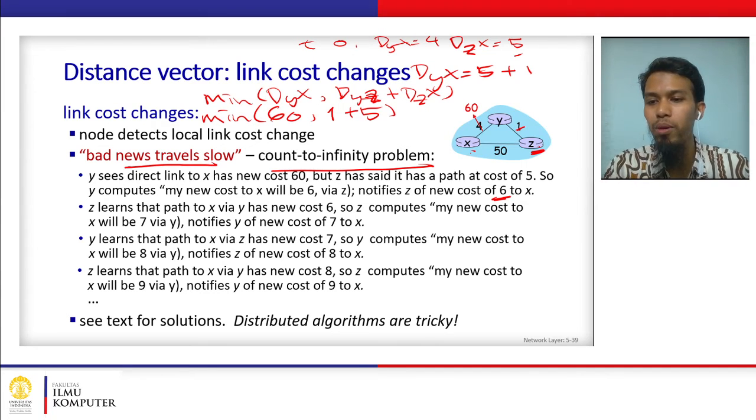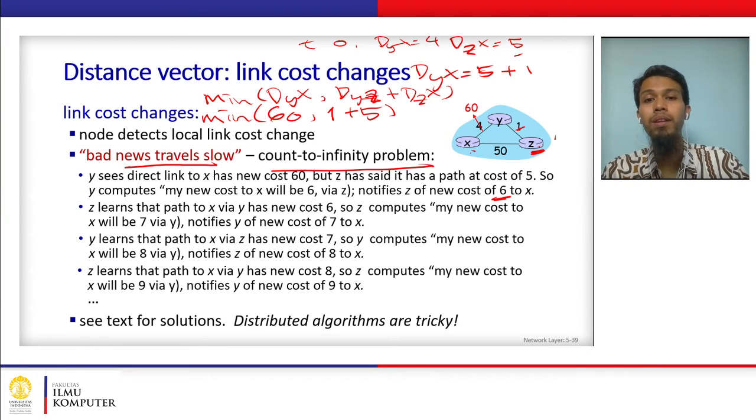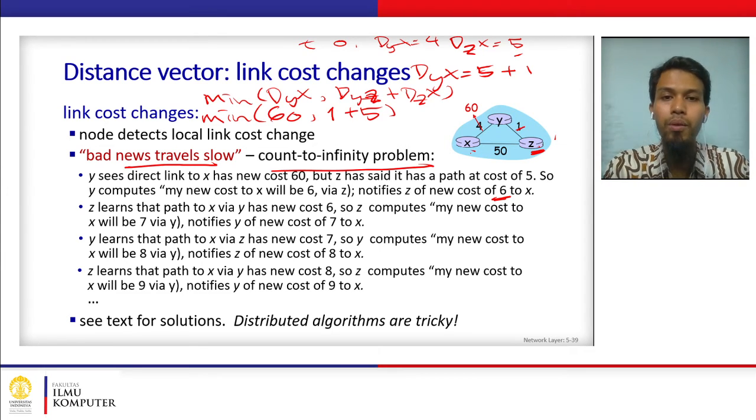Now let's have a look at the next iteration. y sends the updates of its new distance vector to z. And z says, okay, now the cost from y to x has been updated to 6. Accordingly, I have to update my cost from z to x.